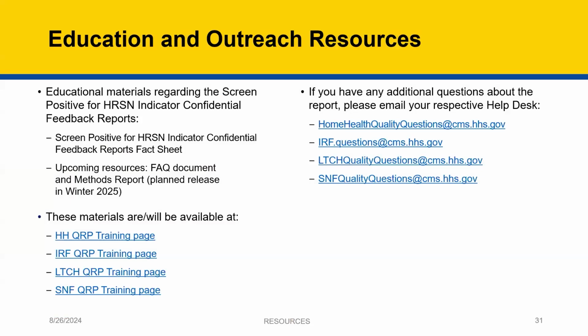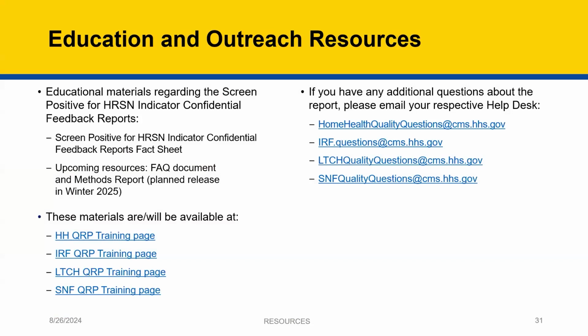To wrap up this presentation, we would like to highlight a few resources you can refer to for more information regarding the Screen Positive for HRSN Indicator Confidential Feedback Report. A number of education and outreach materials, such as a fact sheet, a frequently asked questions or FAQ document, and a methods report will be available for your reference.